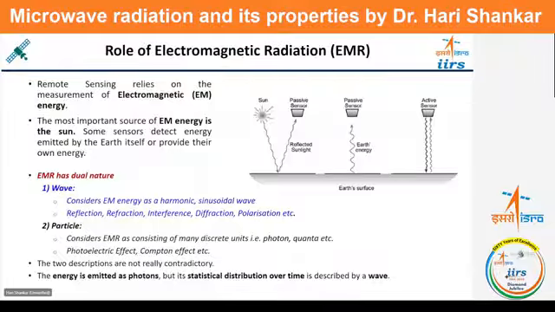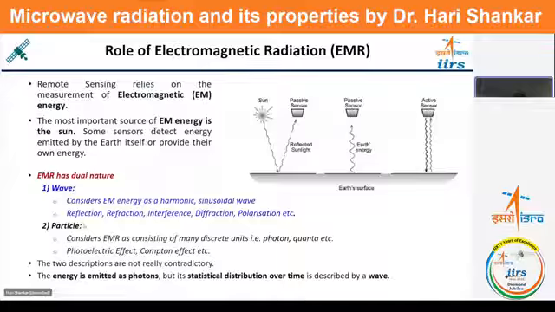That resultant, or you can say the combined intensity, we are going to study, and based on that many things we can extract. So this particular course is based on the interference process. That's why the name of the course is interferometric remote sensing. Okay, so interference we will discuss in detail.